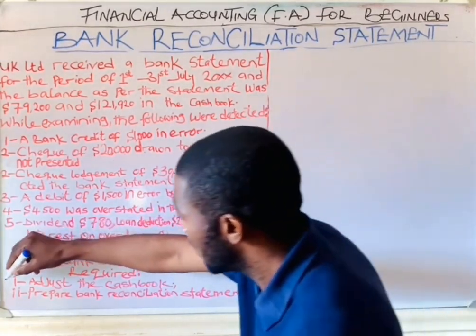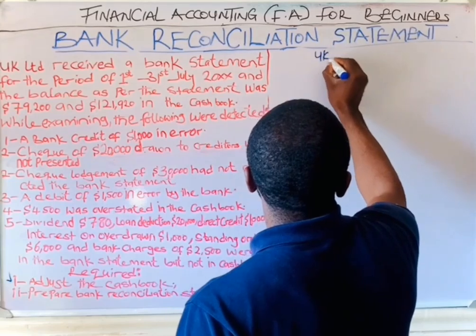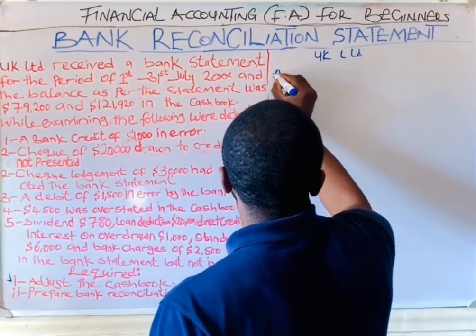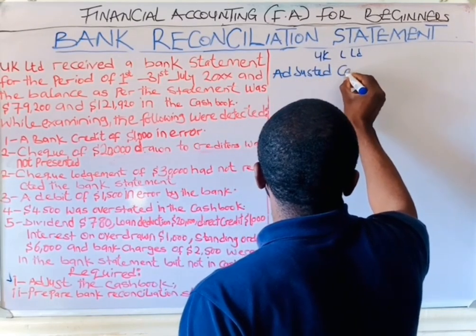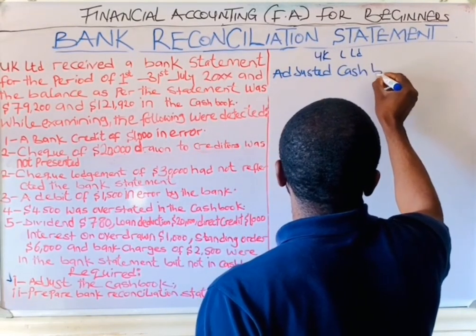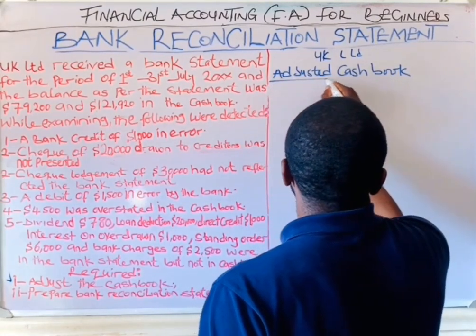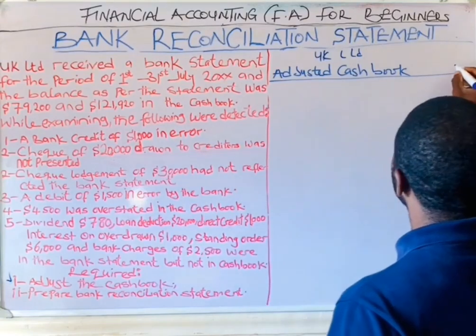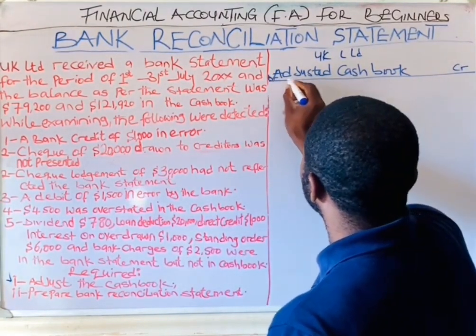So let's take the first item. UK Limited, adjusted cash book. Adjusted cash book, this is the credit side and this is the debit side.